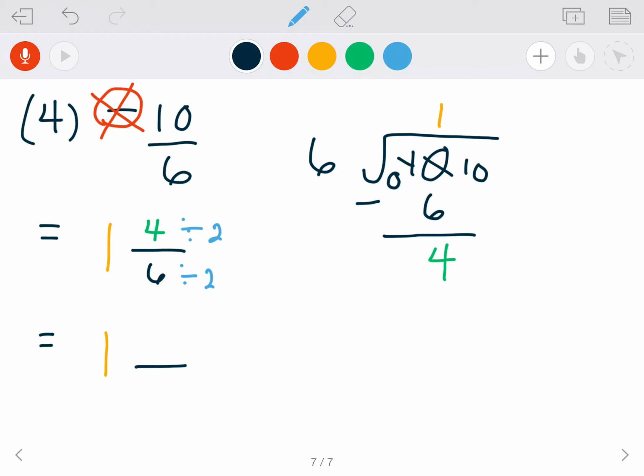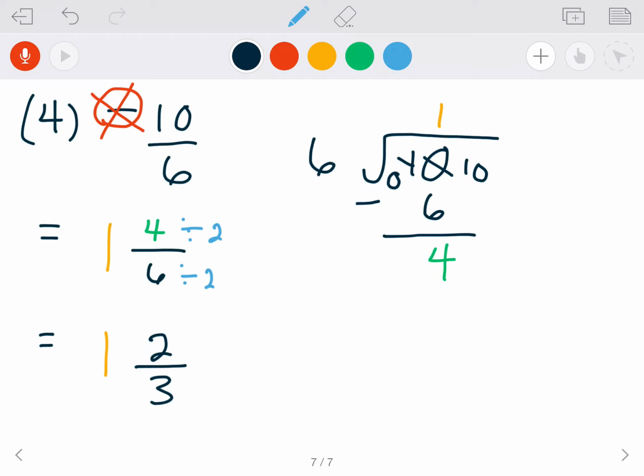Now for our fraction, the numerator is now 4 divided by 2. That's 2. And the denominator is 6 divided by 2, which is 3. Okay, so 2 over 3, the only common factor they share is 1. Neither number goes into the other perfectly, and they are not both even.